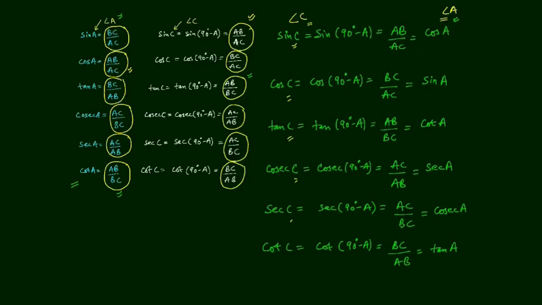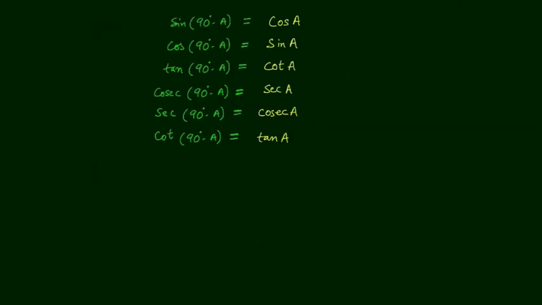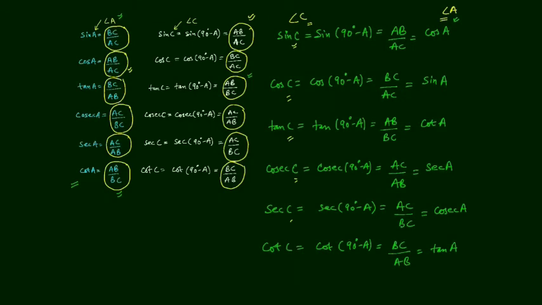We get sin 90 minus A equal to cos A, cos 90 minus A equal to sin A, tan 90 minus A equal to cot A, cot 90 minus A equal to tan A, cosec 90 minus A equal to sec A, and sec 90 minus A equal to cosec A, because we know angle C is equal to 90 minus A. That's why we have written 90 minus A in place of angle C. Angle A and angle C are complementary angles because the sum of both angles is 90.